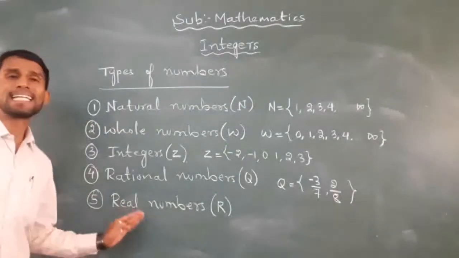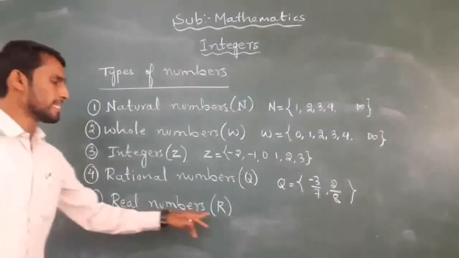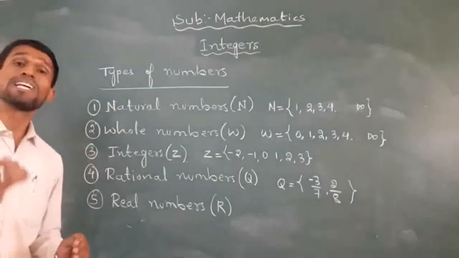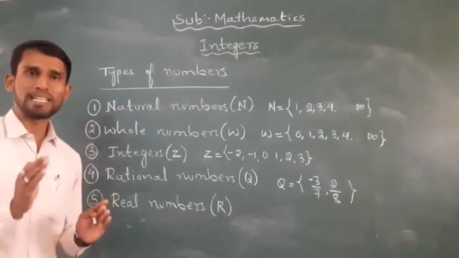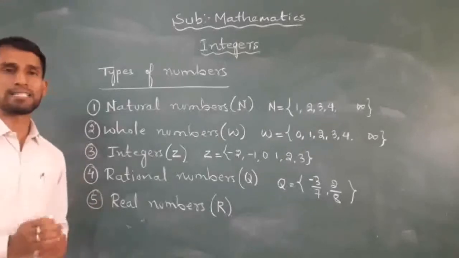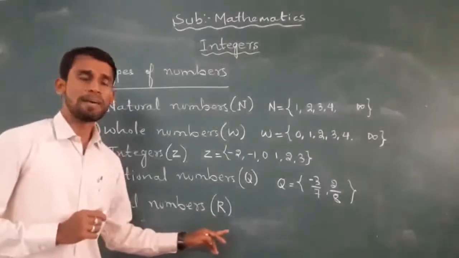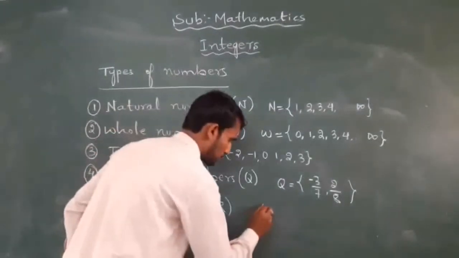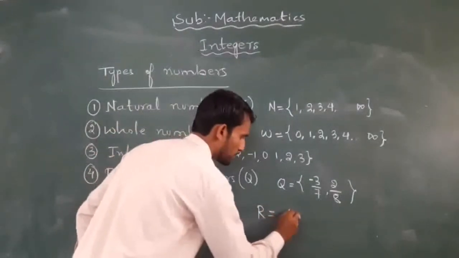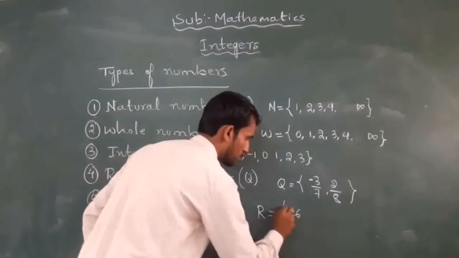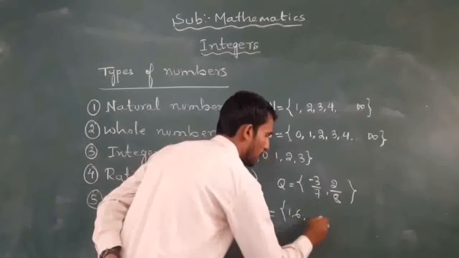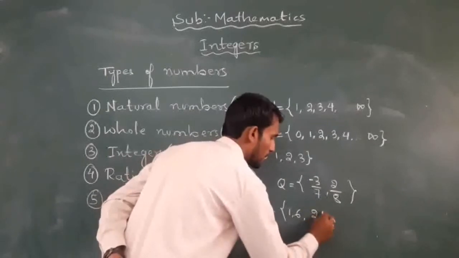Last one, real numbers. Real numbers are indicated by the letter R, or numbers that have a decimal point are called real numbers. Example, R equals 1/6, 1.6, next 2.7.